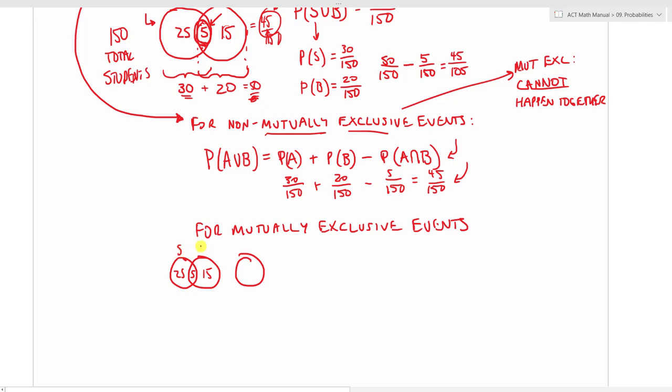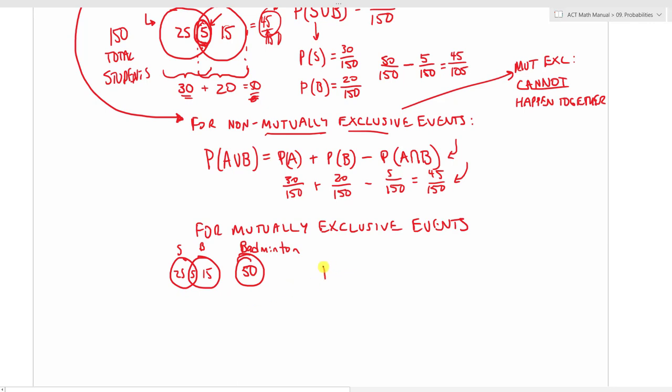So this is soccer, this is basketball. There's a third team. What's really popular these days? Let's say badminton. I'm not saying that to bust on badminton, I just think it's a funny word. So let's say there's a badminton team. Hopefully I spelled that correctly. And let's say that's really popular and there's 50 kids that do that.